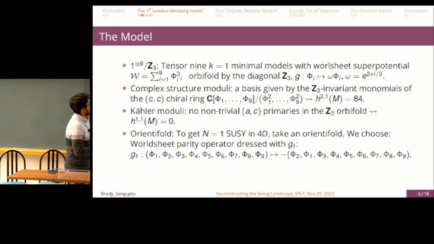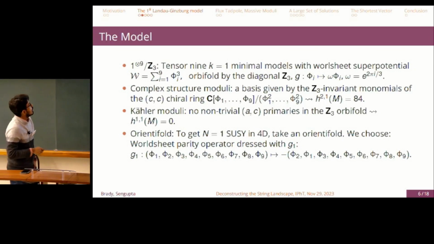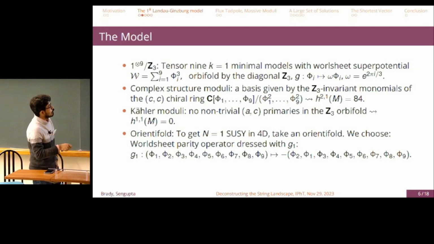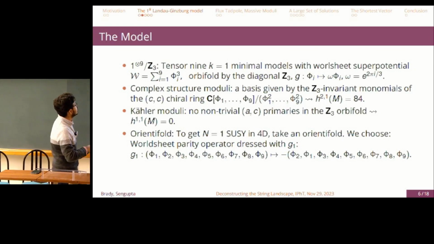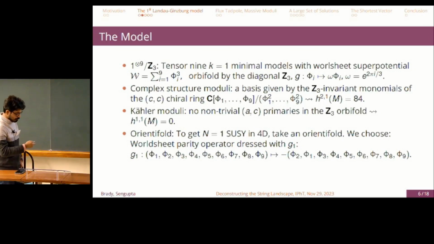So now, because we want N equals 1 supersymmetry in 4D, we take an orientifold. The orientifold action is given by combining the worldsheet parity, B-type parity operator, with the following holomorphic involution of the internal space, where phi 1 and phi 2 are flipped, and an overall minus sign multiplies the entire thing.